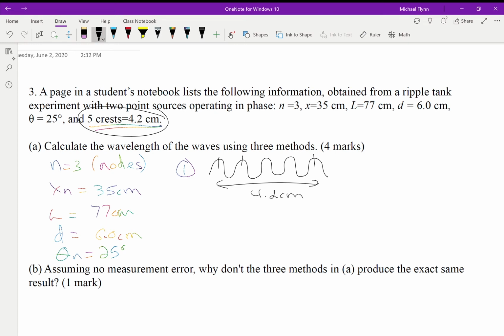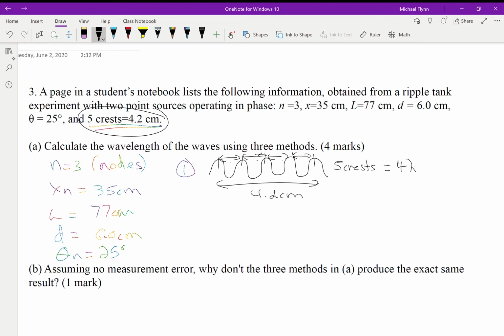From here to here is 1 wavelength, 2, 3, and 4. Even though there are 5 crests, with crests and troughs in between, it works out to actually 4 wavelengths.